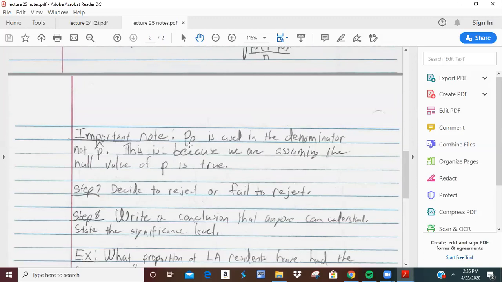Note that p sub 0, your hypothesized proportion, is used in the denominator, not p hat. This is because we assume that the null value for p is true until proven otherwise. So we're saying, if H naught is true, what is the probability that we get a sample like ours?